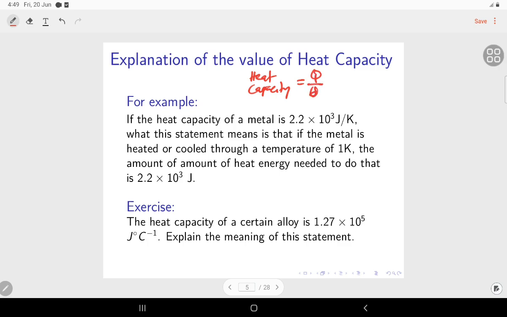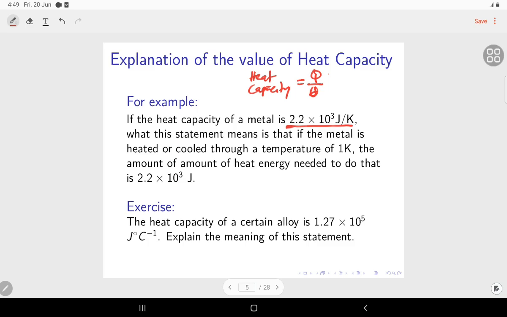And this Q is what? Heat energy, right? And this one is temperature change. So for example, if I tell you that the heat capacity of a metal is 2.2 times 10 exponent 3 joule per Kelvin, what does it mean?